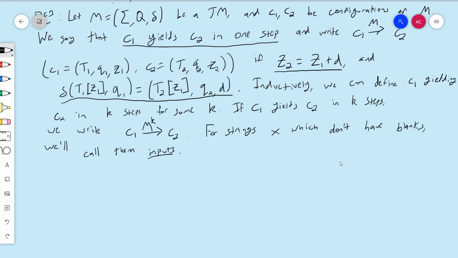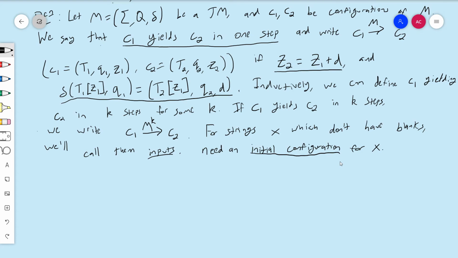And then for any x, we need an initial configuration for x. So that's what we're going to define next.